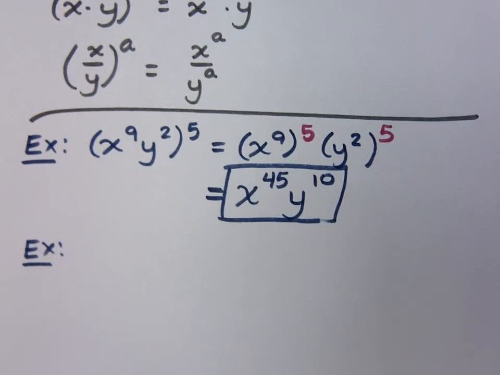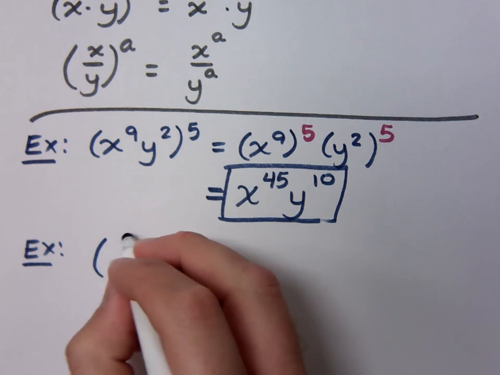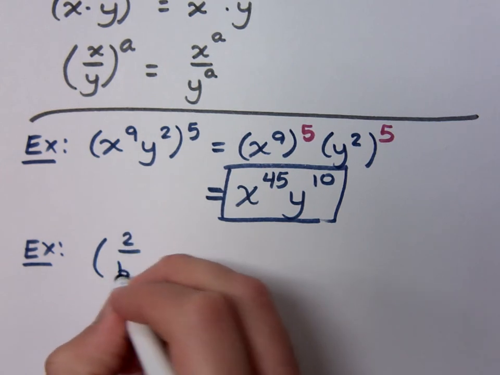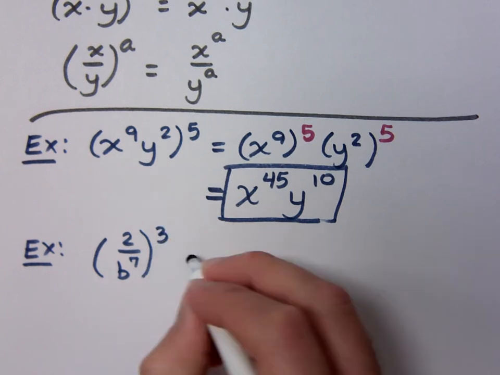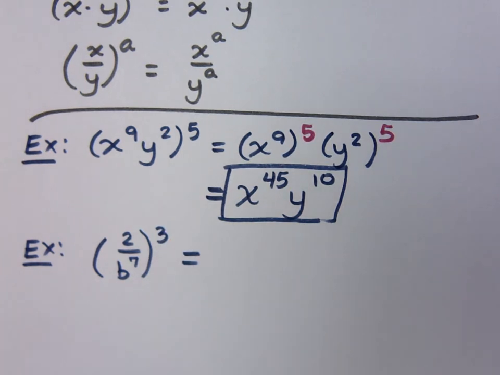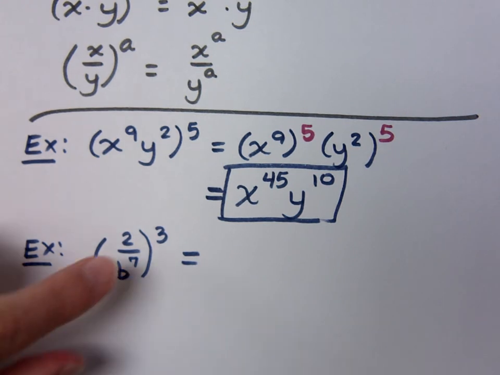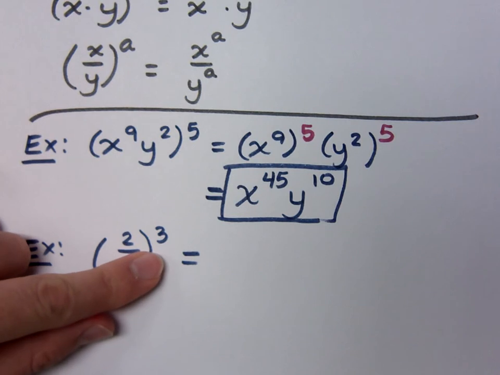All right. Then what if I have this guy? 2 over b to the 7th, to the 3rd power. Check this out. If I have 2 to the 3rd, what is that?